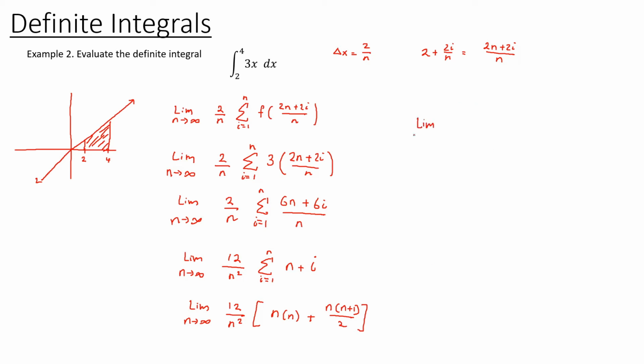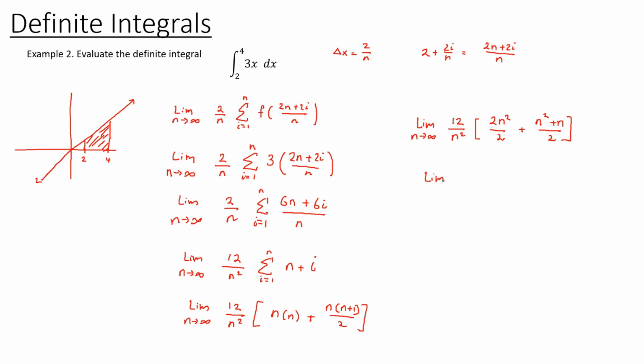So the limit as n approaches infinity of 12 over n squared times 2n squared over 2 plus n squared plus n over 2. I wrote it as 2 over 2 because of the common denominator. Now I'm going to distribute and simplify.